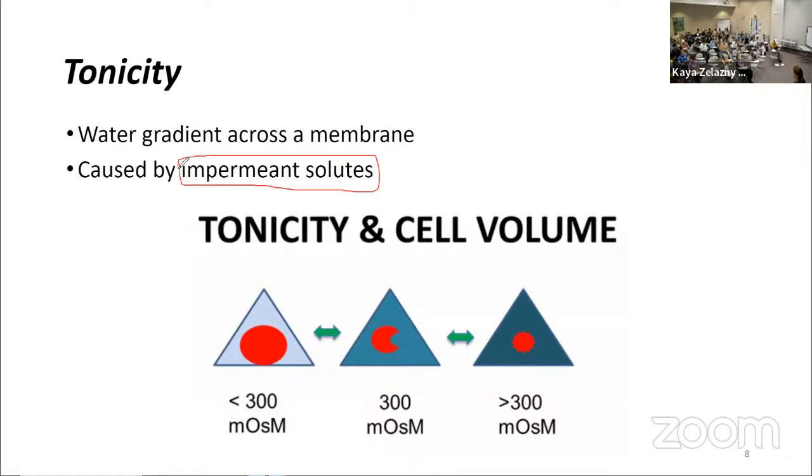But sometimes in physiology, we'll see a setup where there are solutes that initially contribute to osmolarity, but then themselves are able to move. And that's why there's a subtle difference between them. So you want to remember, tonicity is impermeant solutes is the thing to remember here.